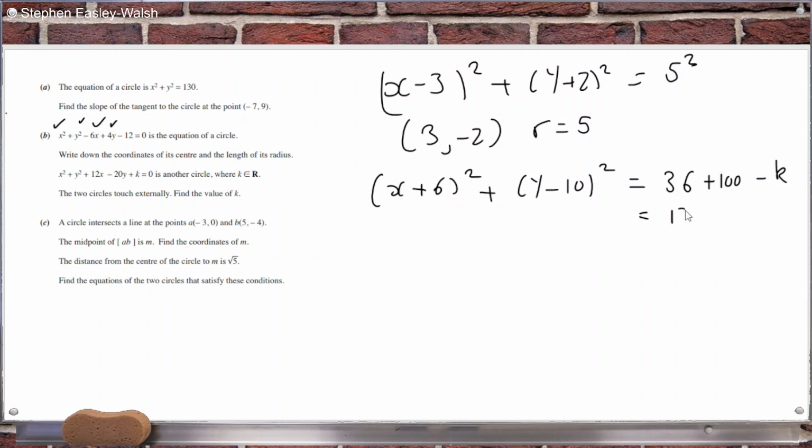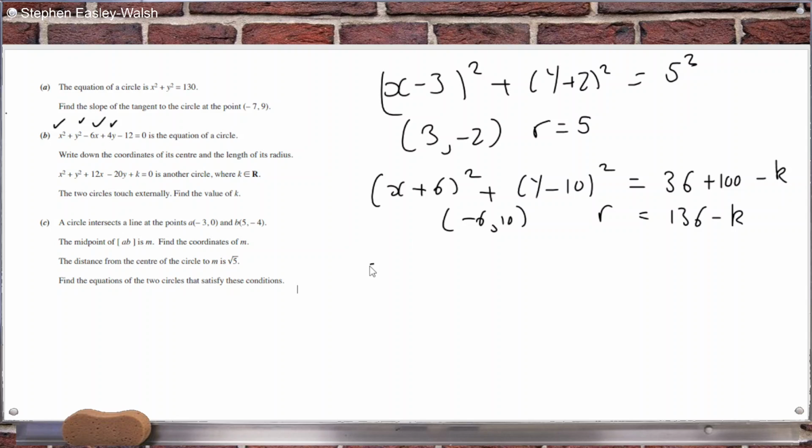So that's 136 minus k. If you expand this, you'll get x squared plus 12x plus y squared minus 20y plus 36 plus 100, and that will cancel the 36 and 100 here and then bring the k back over. So that's the radius and the center is (minus 6, 10).